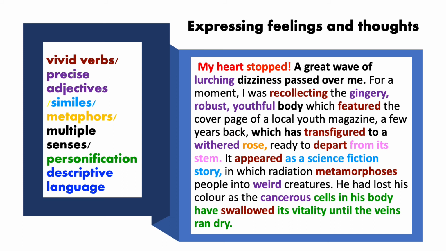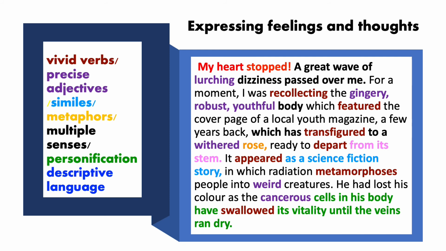I used a simile for his transfiguration as a science fiction story. And then a metaphor, withered rose, is used to describe his transformation from a beautiful figure to a decaying body. Then multiple senses are used. Kinesthetic imagery is used to show the feeling of movement: a great wave of lurching dizziness passed over me.